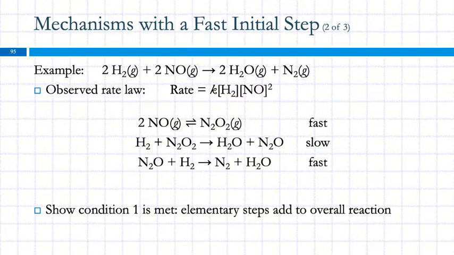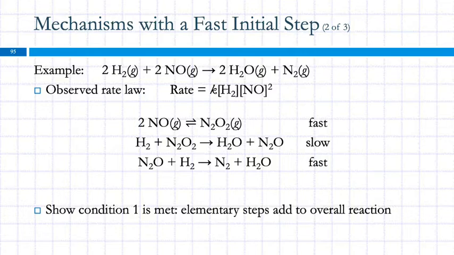So then you can propose a mechanism, and this is the proposed mechanism, that 2 of these NOs are going to get together and make N2O2. This is fast. Then we have this slower step where H2 reacts with that to make H2O and N2O, and then the N2O reacts with hydrogen to make N2 and H2O.